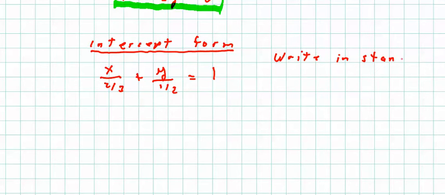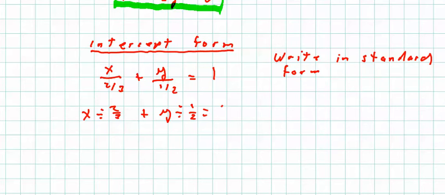This is x over 2/3, which is x divided by 2/3, plus y divided by 1/2 equals 1.